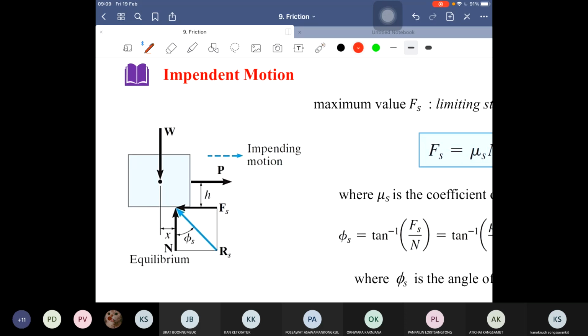So we can say that if P is slowly increased, then the frictional force F correspondingly increases too, until it reaches one point, let's say F_s max.